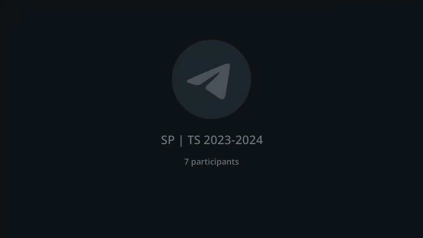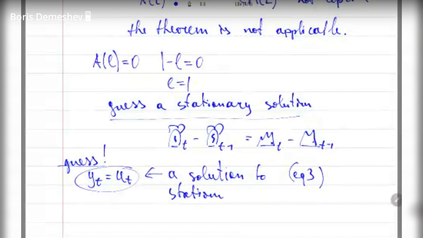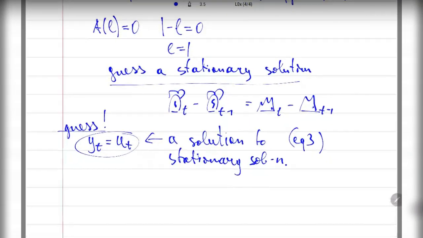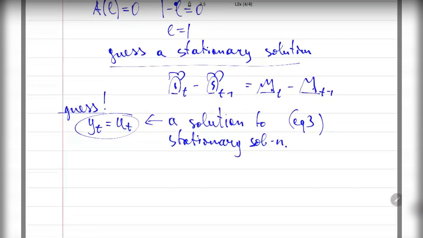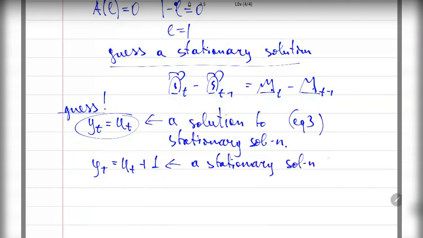And that's a stationary solution. You can find even more stationary solutions. For example, y_t equals u_t plus 1. If you plug this in, that's also a stationary solution to equation 3.